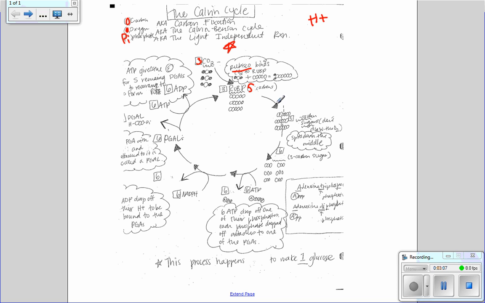Rubisco binds CO2 to RUBP, and this is what the molecule is going to come out looking like at the end. Y'all see that? Okay? All right, so that's going to happen to all 3 of them. So now we have a 6-carbon sugar, right? Because we added a carbon with the carbon dioxide. Well, now we can move on to the next step.